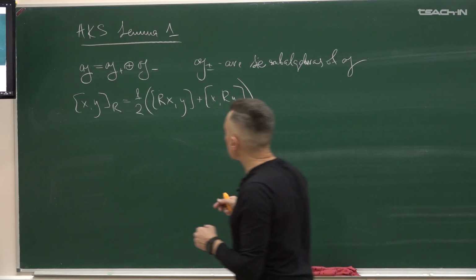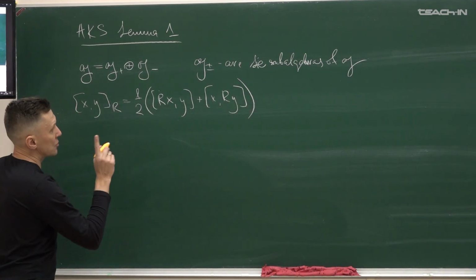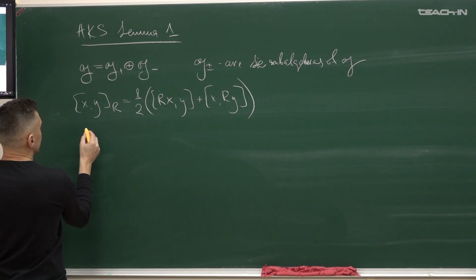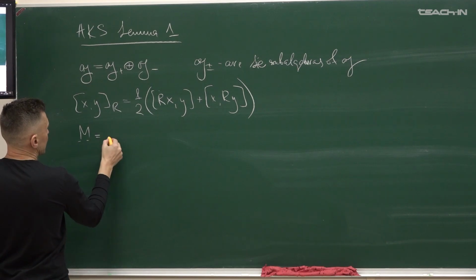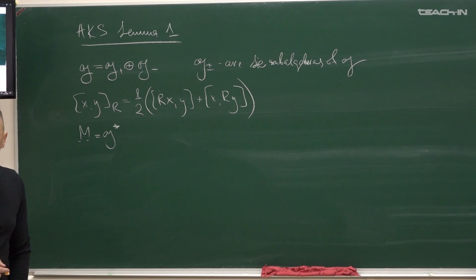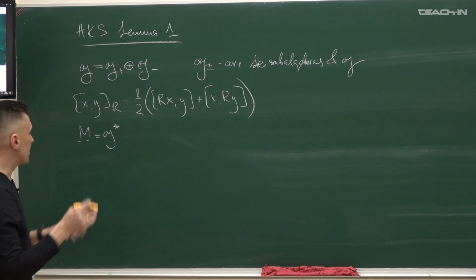And we introduce two Poisson manifolds. The first one is defined so: the manifold is always G star, the dual space to the Lie algebra G. So it's a linear space, an affine space.